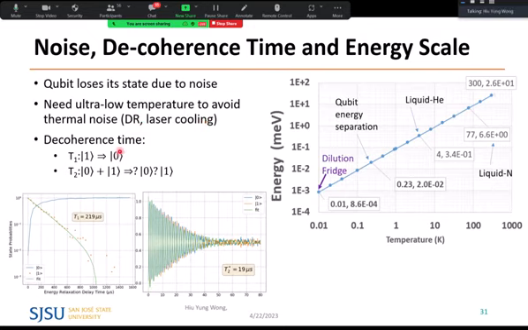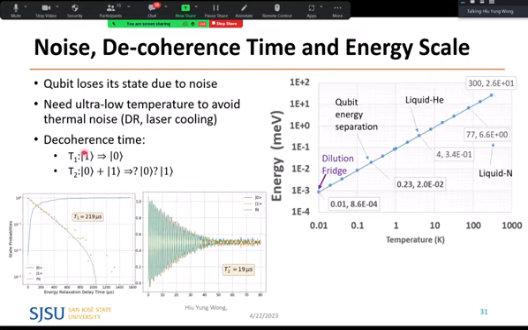So what is the coherence? For example, I may be in the 1 state, and I wait for different times. Here this is a real superconducting quantum computer experiment we did at Livermore National Lab. When you wait for a long time and measure it again, you see that it starts decaying to 0.